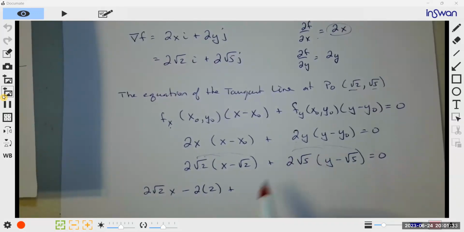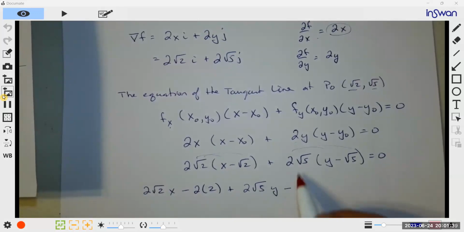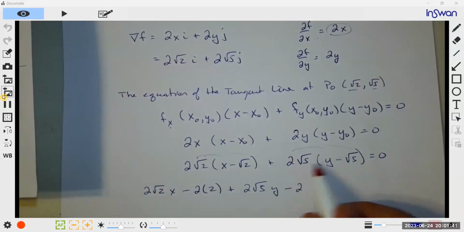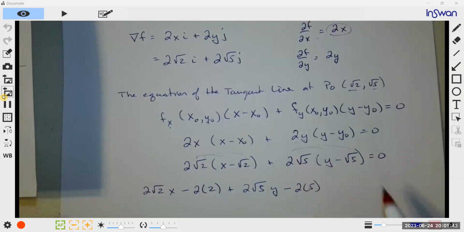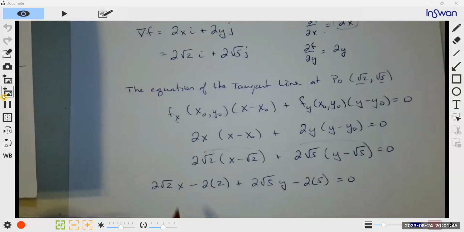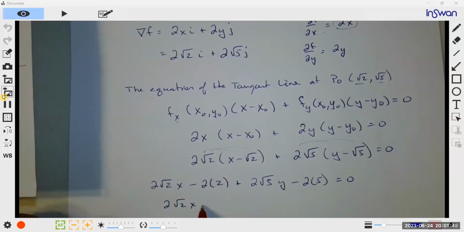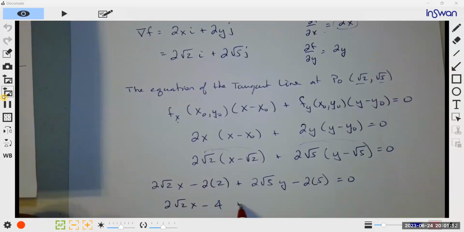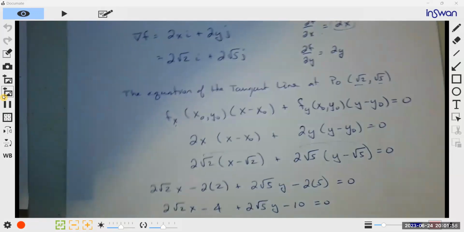Radical 2 5 is radical 2 radical 5 y minus 2 radical 5 is 5 equals 0. So 2 radical 2x minus 4, 2 radical 5y minus 10 equals 0.